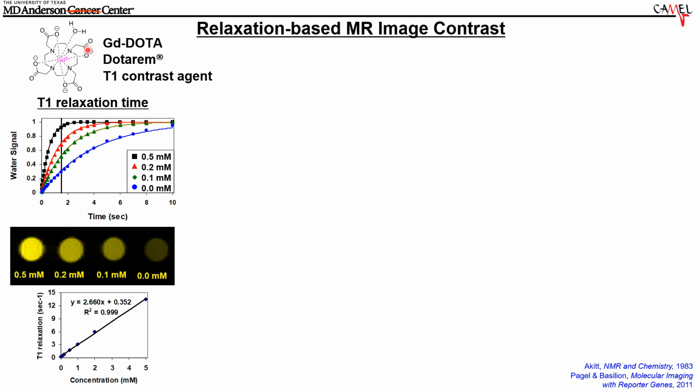So if I have a lot of this contrast agent at high concentration in a sample, the water signal will relax back to equilibrium more quickly than if I do not have the contrast agent. And you can see that this is dose dependent. 1 over the T1 time is R1, the relaxation rate, and that is related to concentration with exquisite linearity.